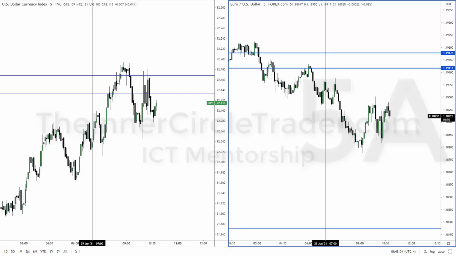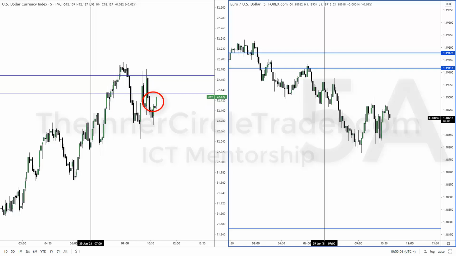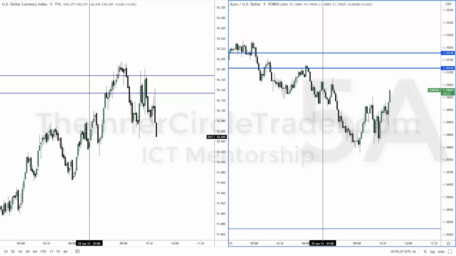We're trading back up into a small little fair value gap. Now we should see expansion on the downside and upside expansion on euro.